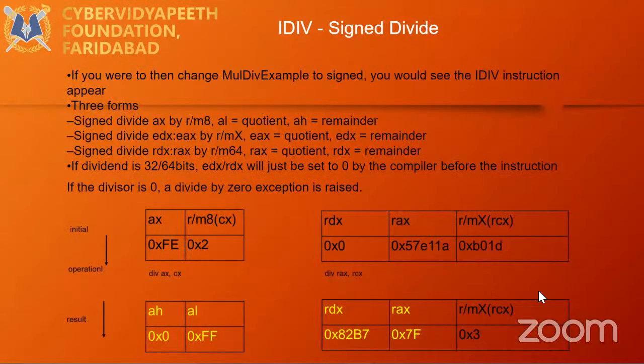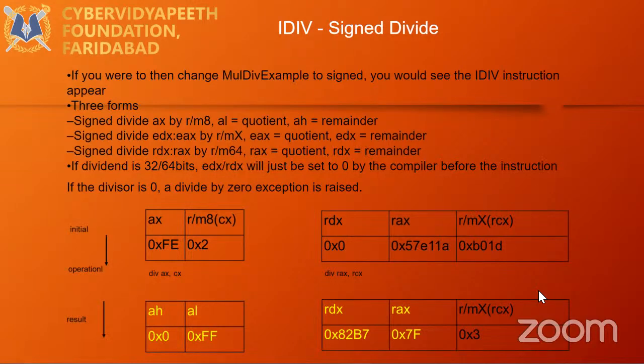Now let's talk about signed divide. With the IDIV instruction, we are able to do signed divide. There are three forms to signed divide. Again, you can do it with RM8, RM32, or RM64.